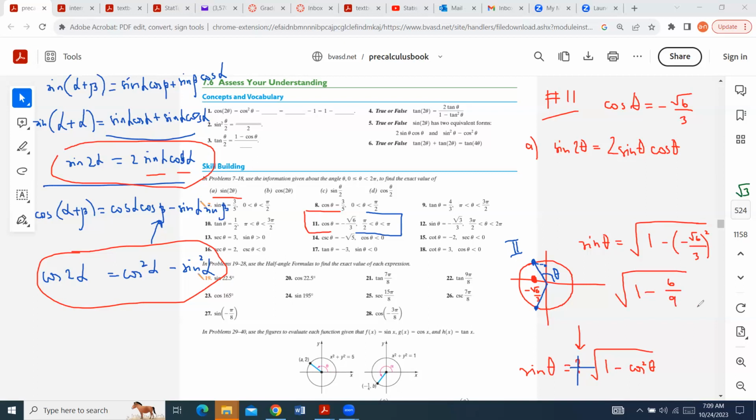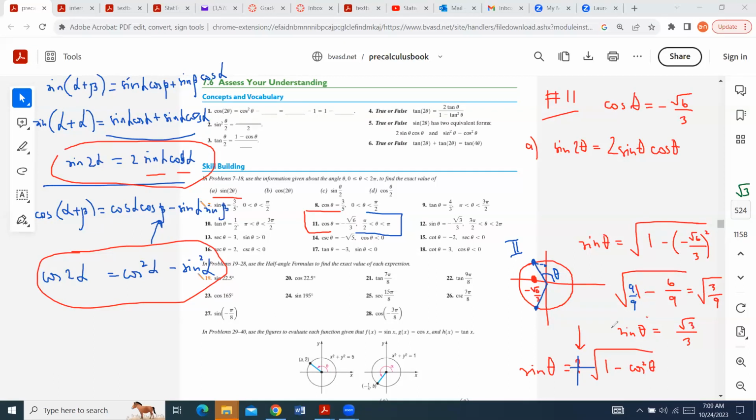So I can put 9s. You say, Alex, don't you want to cancel? No, because 9 is a nice denominator, because inside the square root, I can extract the square root. Standard thing: 1 turns into 9 of these 9s, and then you subtract 6 of these 9s. So you get a square root of 3 of these 9s, and then sine theta has denominator 3 and numerator square root of 3.